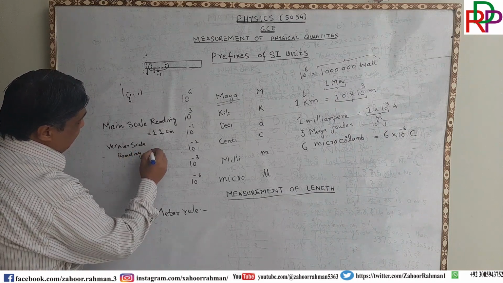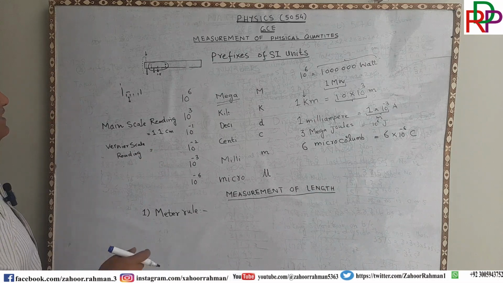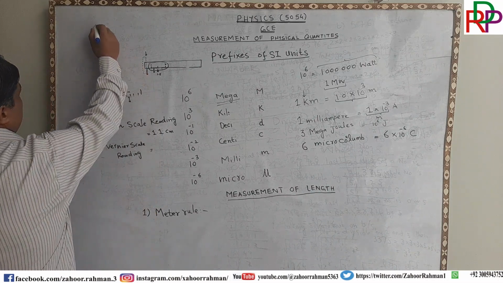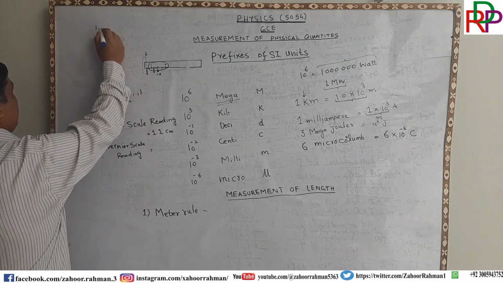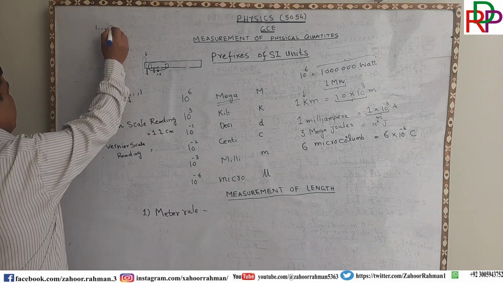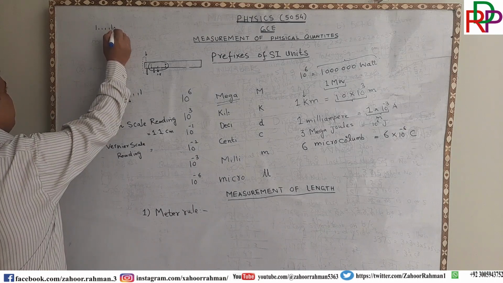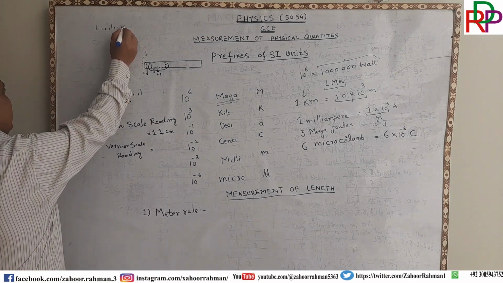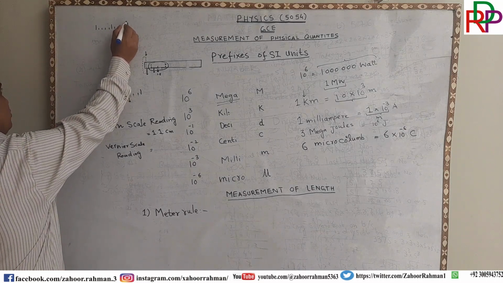How will you take this vernier scale reading? If there is 1, 1.1, 1.2, 1.3, 1.4, 1.5, 1.6, 1.7, 1.8, 1.9 and 2.